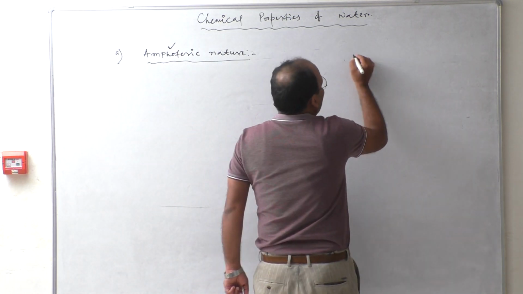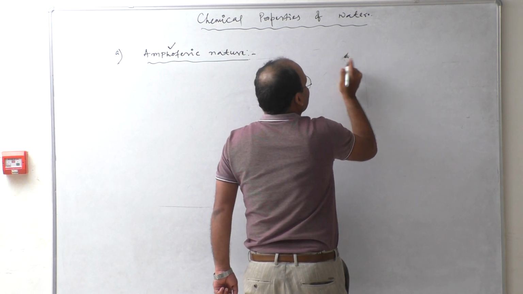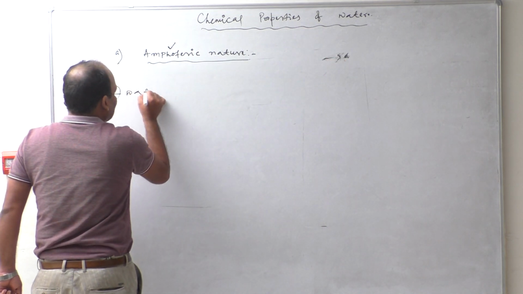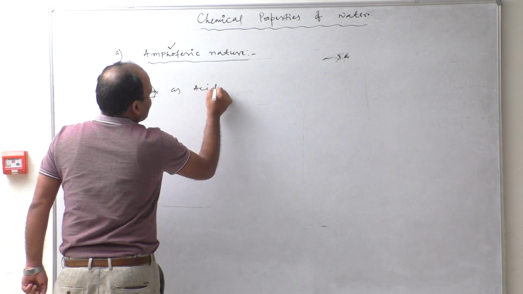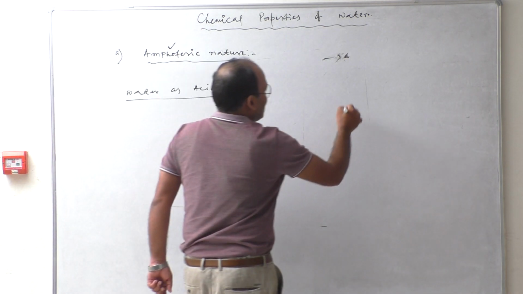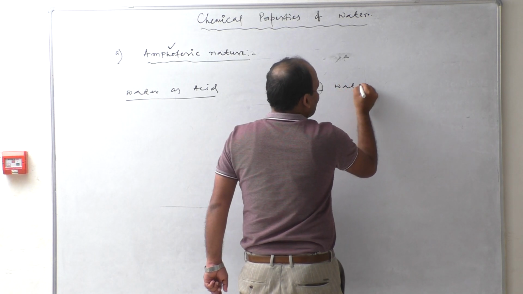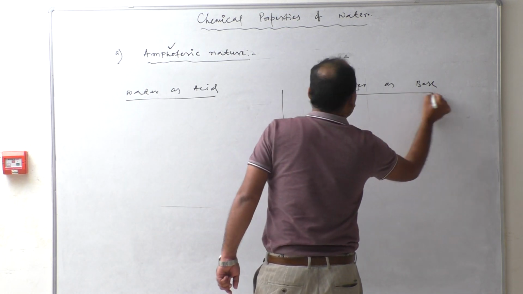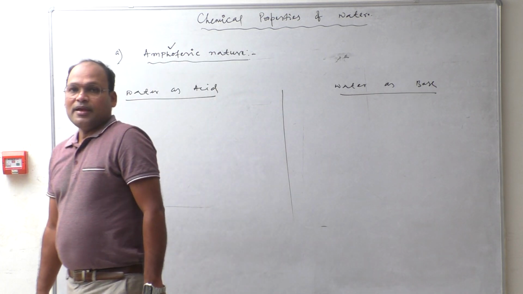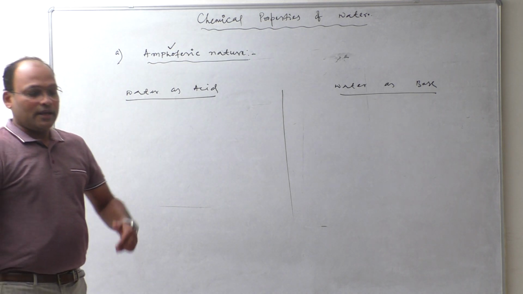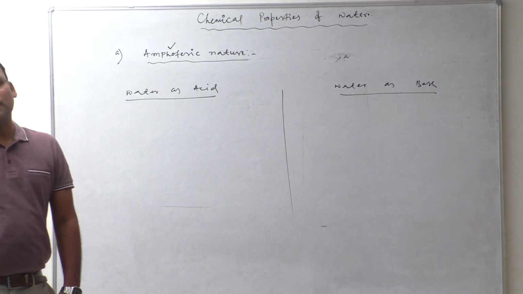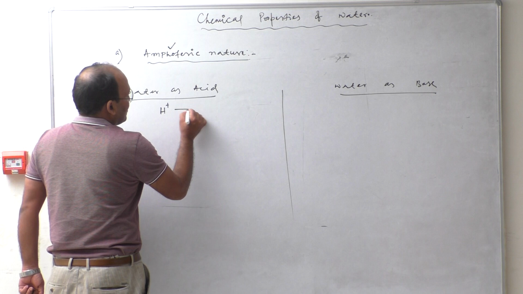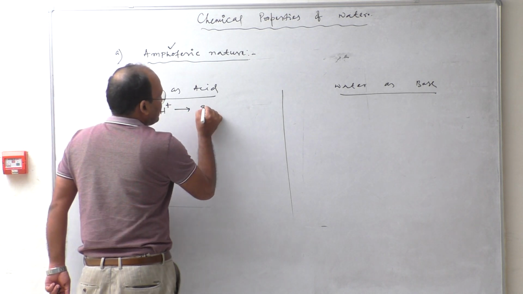Water as acid, let's understand this first, then water as base. How do you distinguish which is acid and which is base? If any substance donates or releases H plus ions, you can say H plus ion is going away.